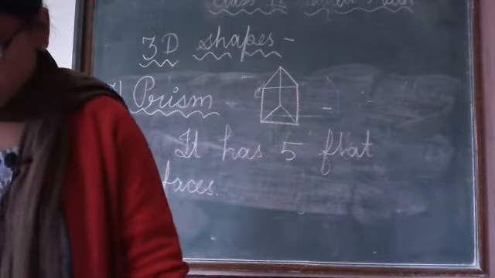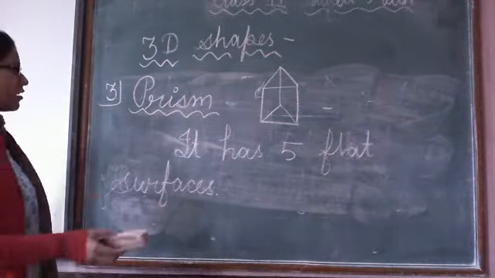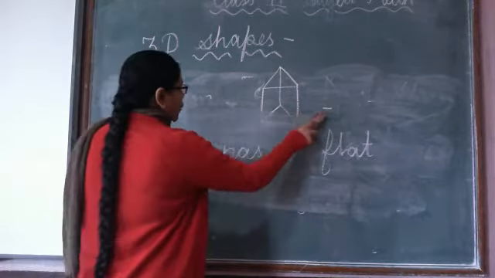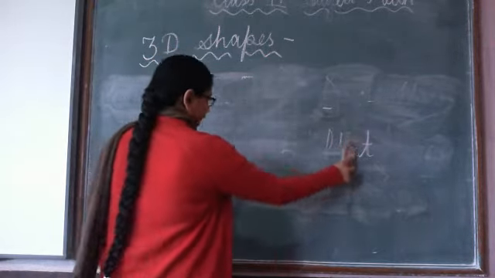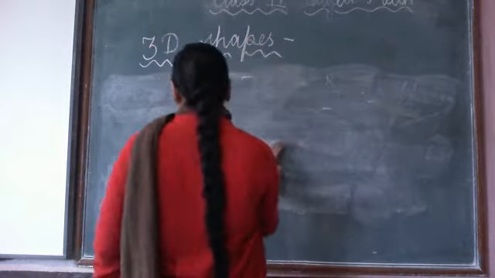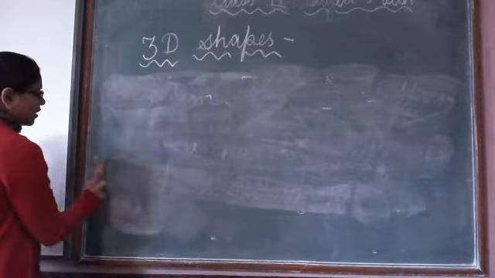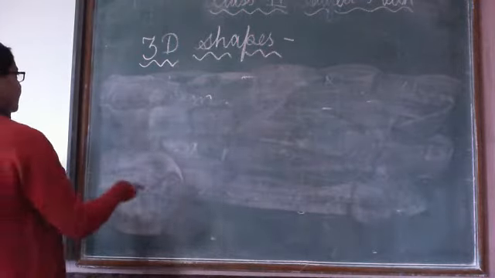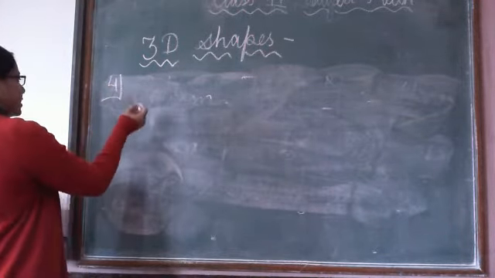Now our next shape is sphere. All of you have seen ball, football. Have you seen? Yes. So the football is example of prism. Oh sorry, sphere. The fourth shape is sphere.